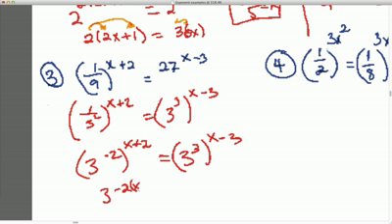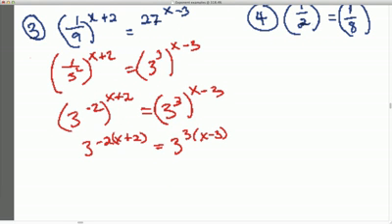Multiply the powers. Distribute through the exponent.